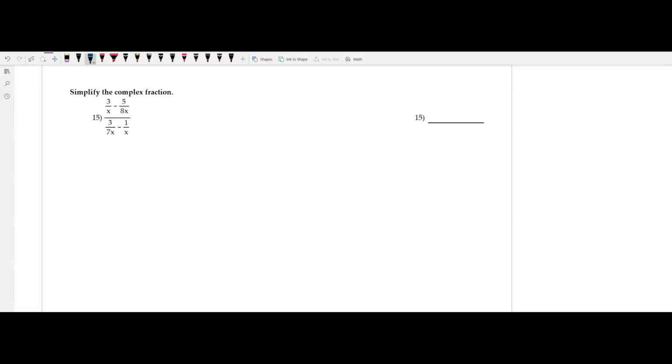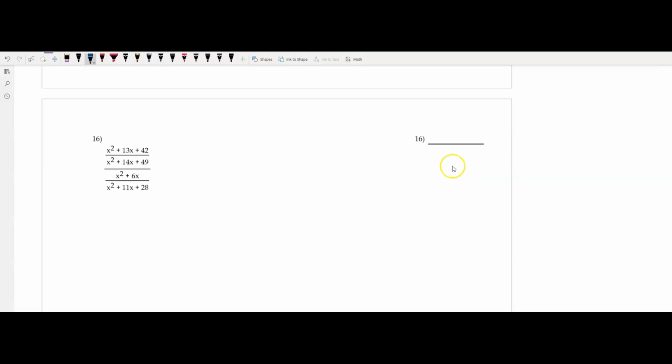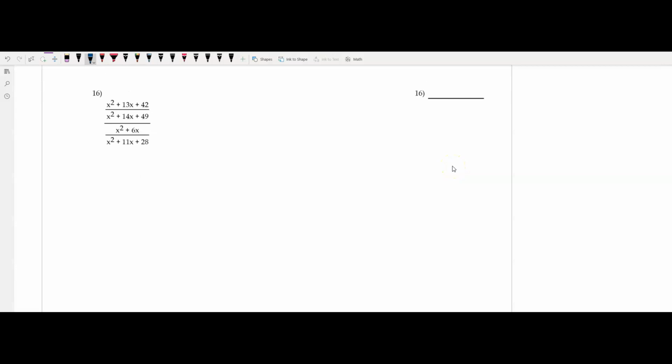All right, so let's do this one here. It's a little bit easier, and then we'll do the other one. All right, so here we have what we call the complex fraction, right? It's basically when you have one rational expression over another one. So basically if you have A over B, that's one expression over another rational expression C over D. Well, the way it looks, it might be confusing. You're like, oh, wow, what do I do with this?